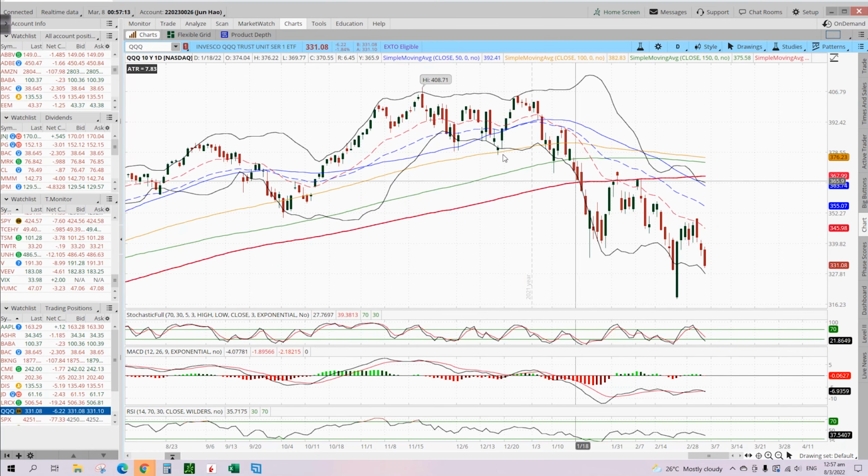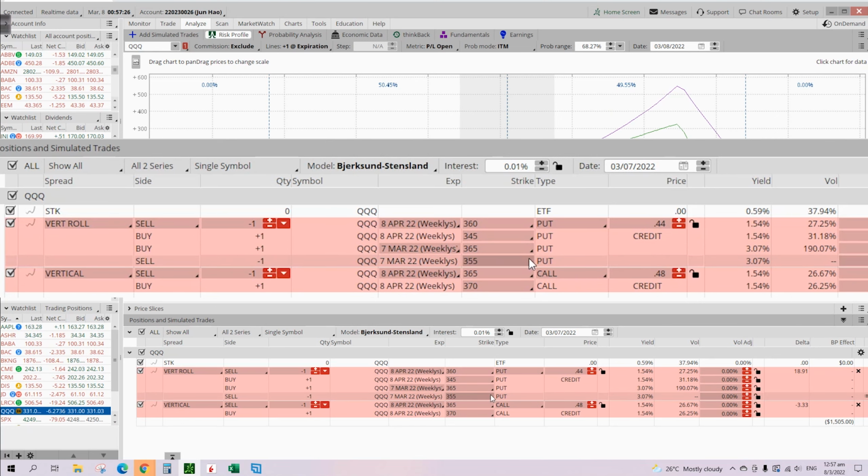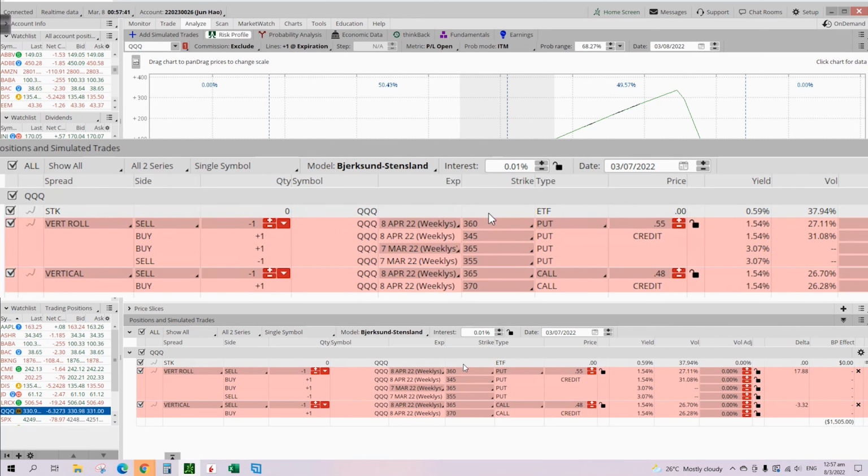To manage the trades, this is what I have done. I'll be closing out my 7 March bull put spread by buying back my 365 short put and also selling away my 355 long put that I had taken previously. On the other hand, I'm going to open another new bull put spread by selling one 360 strike put and also buying the 8 April 345 strike put.